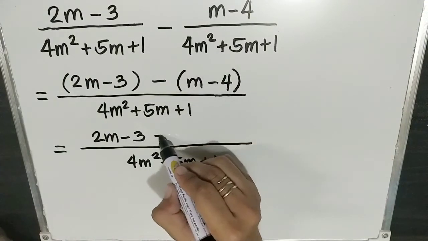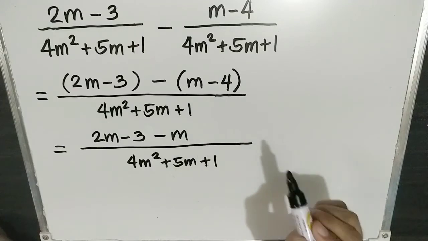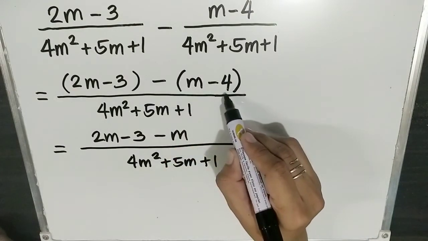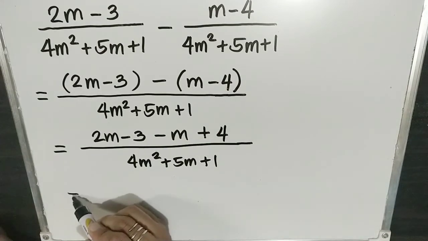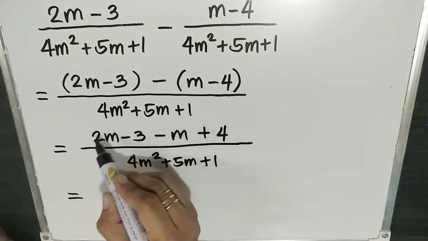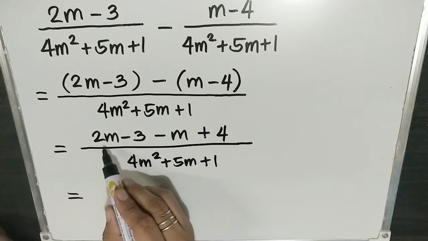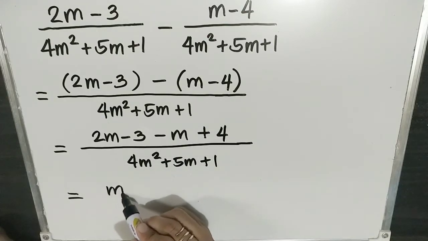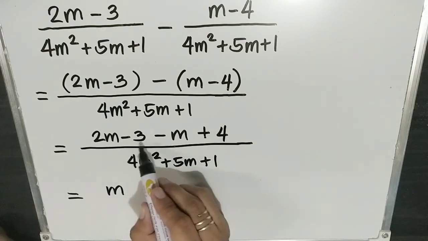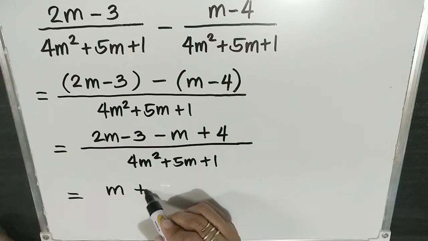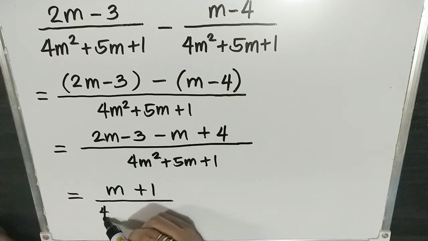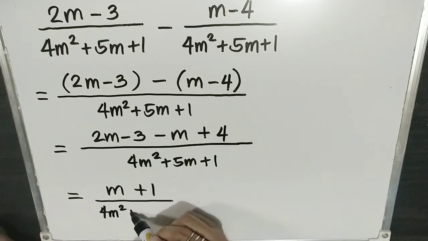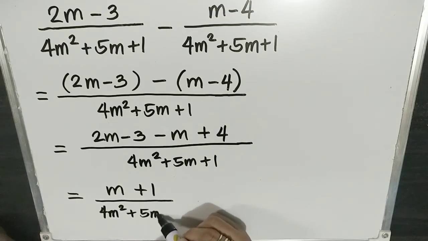Negative 1 times m is negative 1m. Negative 1 times negative 4, that is positive 4. Then we will simplify this one, combining like terms. 2m minus m is 1m. Negative 3 plus 4 is positive 1. All over the common denominator, 4m squared plus 5m plus 1.